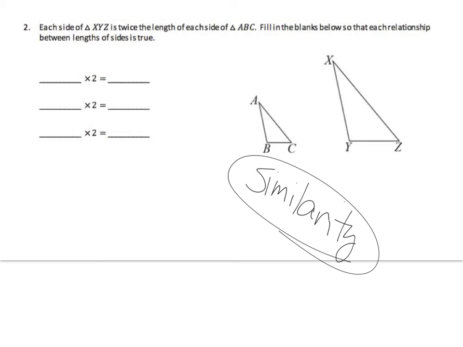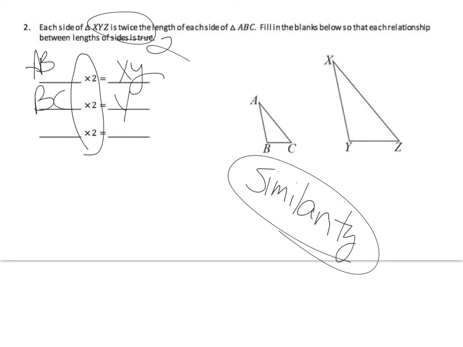Okay, we're increasing by a factor of 2, which you see right here. So in essence, AB times 2 is XY, and BC times 2 is YZ. And then finally, CA times 2 is ZX. And that's all for today.